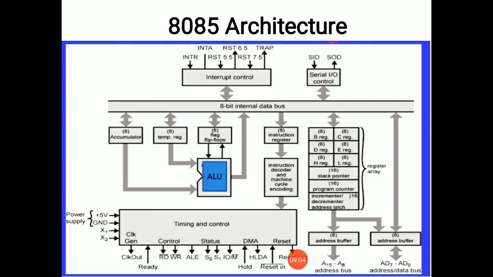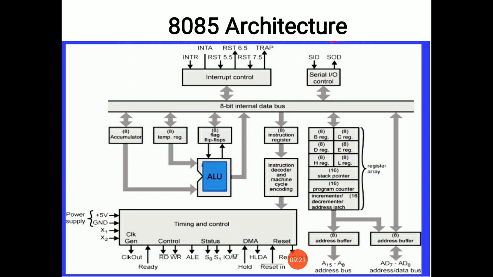Now if the instruction is of addition type, we know the addition operation will take place in the arithmetic and logic unit. So for addition the arithmetic and logic unit needs two operands.